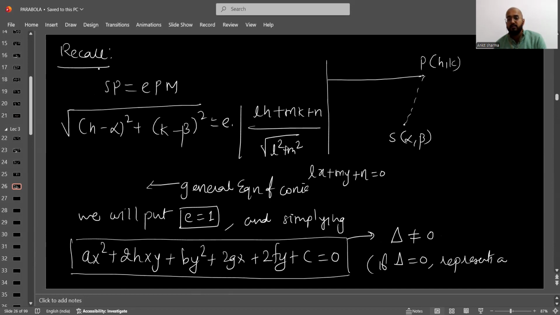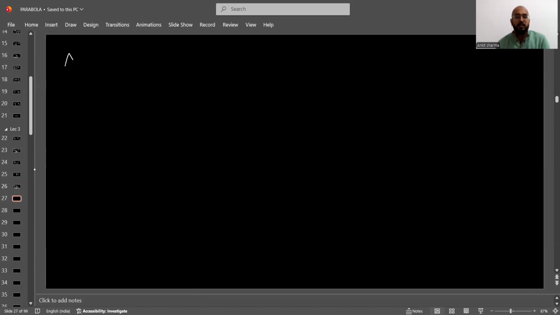Many other conditions also need to be checked, which we will discuss in the straight line chapter, but this is the general idea: if the determinant becomes 0, then this represents a pair of lines. Now, the determinant I'm talking about is this.